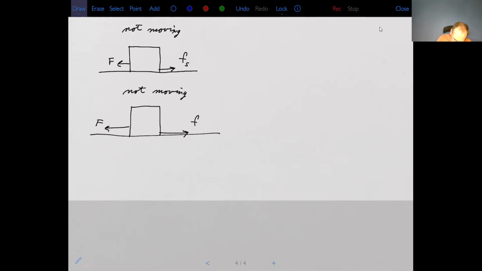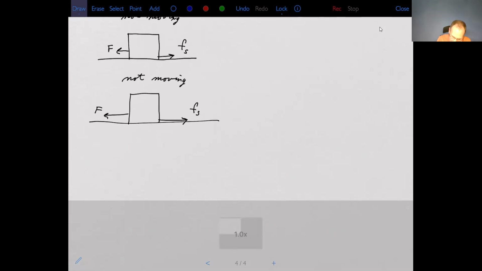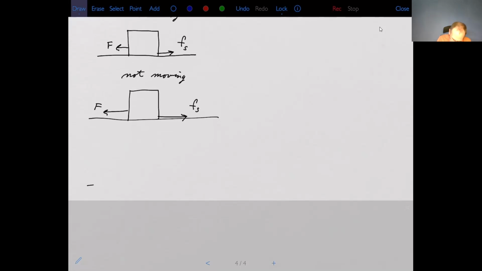Because again, the net force would have to be 0, right? If I add those two up, I have to get 0 because it's not moving, it's not accelerating. And you can keep doing this until the object is on the verge of motion.